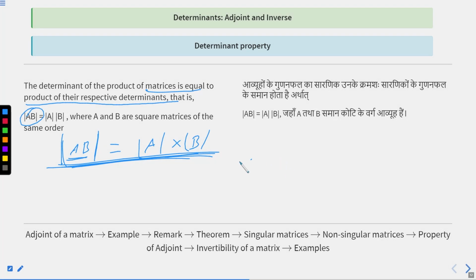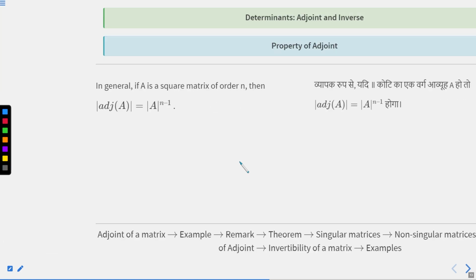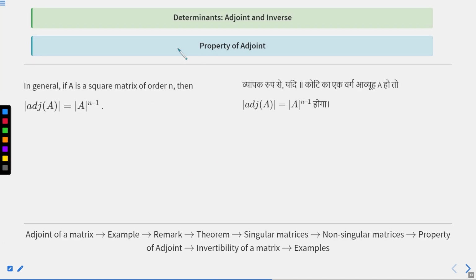Let us move to the next. Now one more interesting property of adjoint. The determinant of the adjoint of A is the same as the determinant of A to the power n minus 1, where n is the order of the matrix A. Okay, let us also verify that.